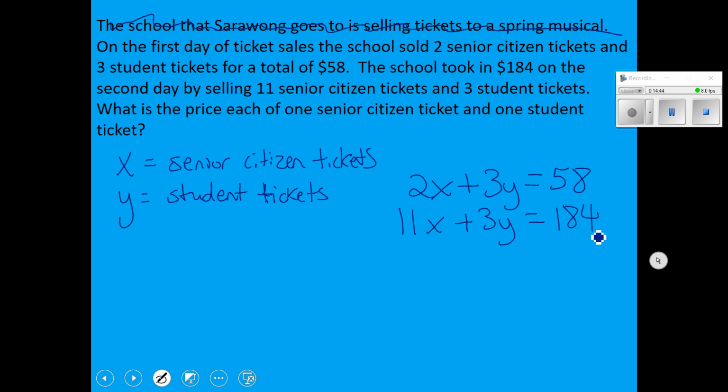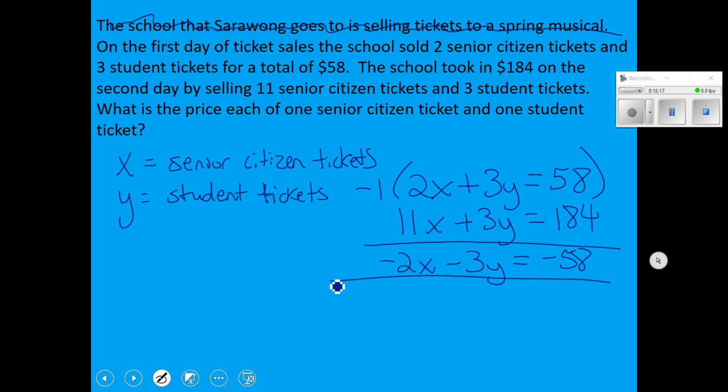Now you can choose how you solve. I'm going to continue to solve with elimination just because I feel like that's what most of my students want to do. But if you wanted to, could you go to y equals and put it in your calculator? Could you substitute? Yes. But we are going to eliminate. I could eliminate if I had opposite signs. So I'm going to multiply the top one by -1, and change.